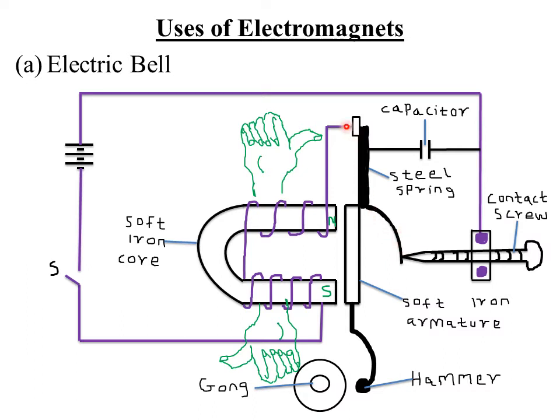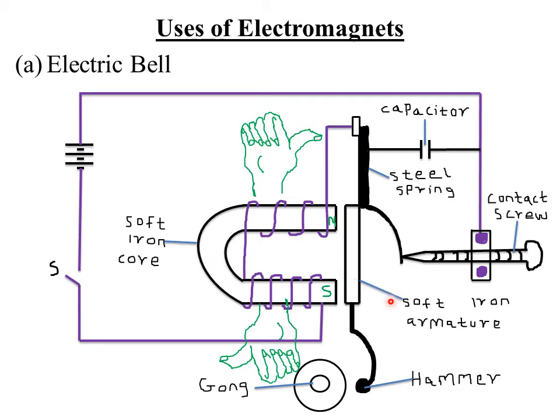When the circuit is complete again, the soft iron core gets magnetized, and it again attracts the soft iron armature. When the armature is attracted, it breaks this contact again. The current dies off, therefore the magnetization of the core also dies off.